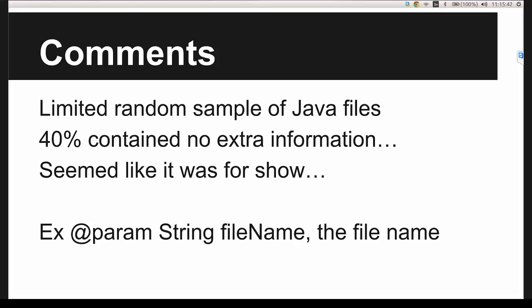And he found out that around 40% of these Java files had comments that did not contain any information he could not easily find in the interface of a method. It's sort of like the one below, right? Param string file name. And that is actually just an argument for this method, right? It's string file name.